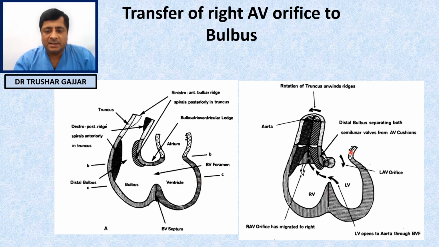So if we see, still the blood has to flow in this direction only. The right atrial AV canal orifice has moved towards the right side, but behind.